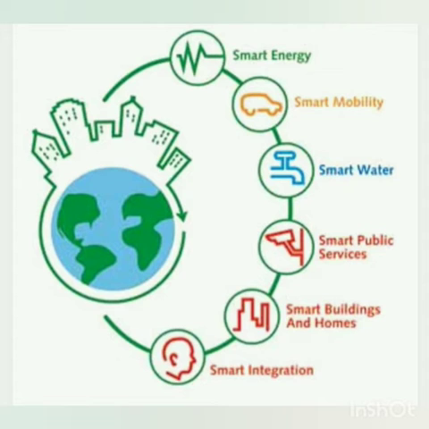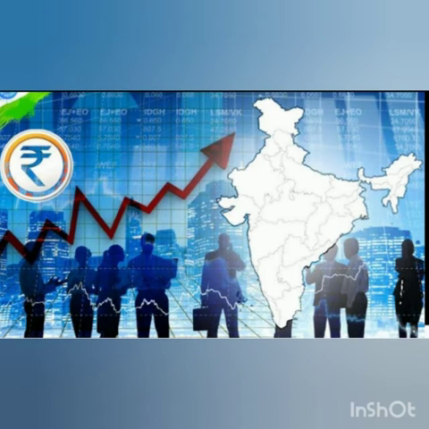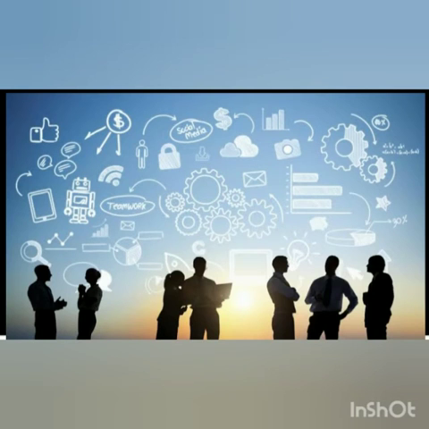So, we all know that India is a developing country and most of India is covered with villages. So, this government plan of smart cities in India is a bit difficult and a bit modern compared to global standards.